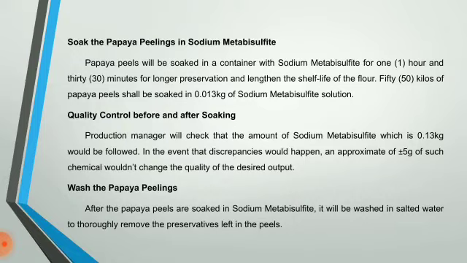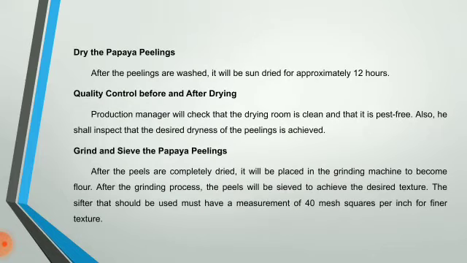After the papaya peels are soaked in sodium metabisulfite, they will be washed in salted water to thoroughly remove the preservatives left in the peels. Dry the papaya peelings. After the peelings are washed, they will be sun-dried for approximately 12 hours. Quality control before and after drying: the production manager will check that the drying room is clean and pest-free. Also, he shall inspect that the desired dryness of the peelings is achieved.